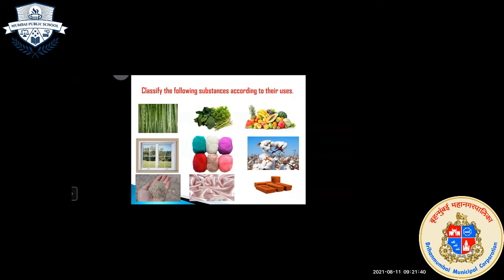Ma'am, there is a bamboo tree. Yes. That is used for making papers. Very good. There are leafy vegetables for our good health. Yes. And fruits also for our good health.